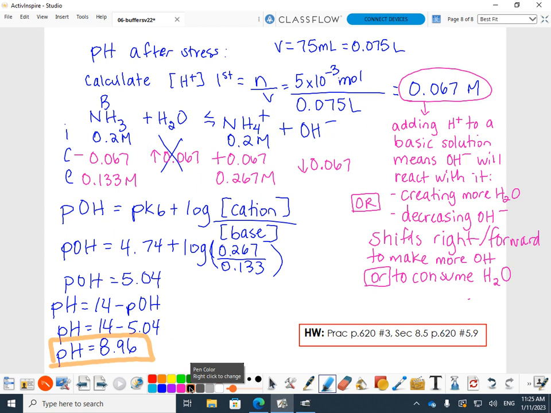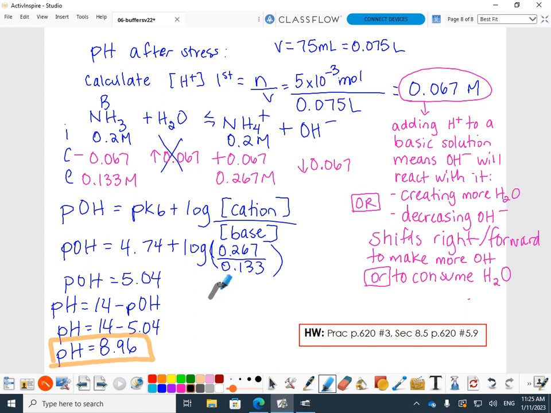So our final or after pH again has gone down. It was an acidic stress. Down means more acidic. That makes sense. But again, when you do the subtracting, I don't really care which way you do it. If you ignore the negative, that doesn't really matter. We just want the buffer, or the change in the pH, to not be super high. Okay?